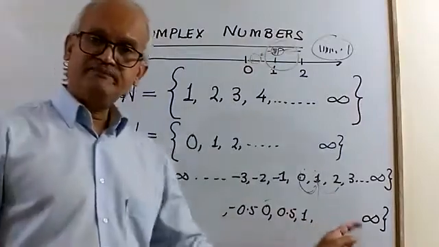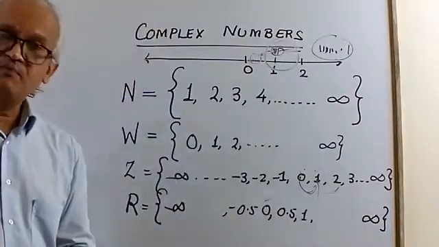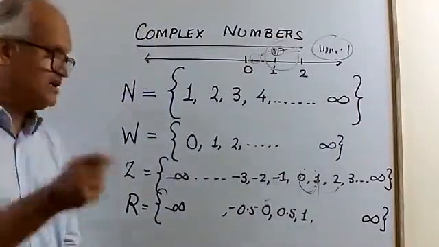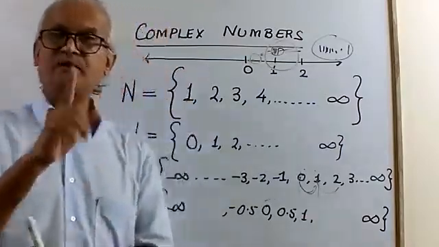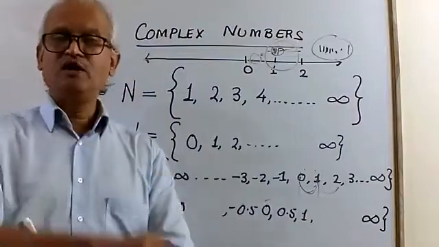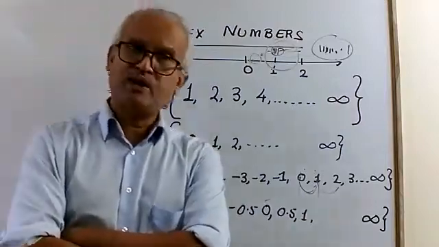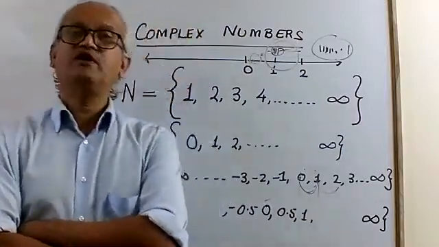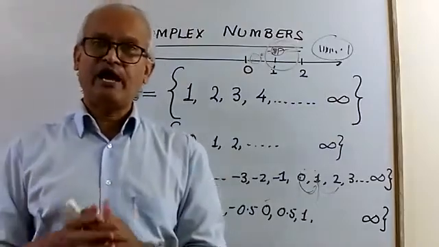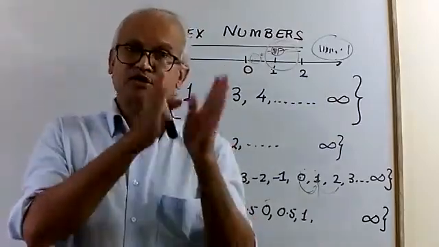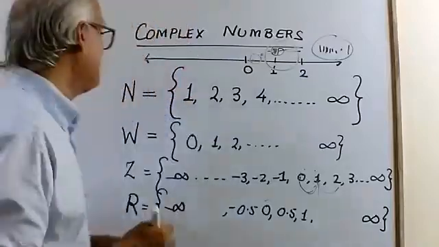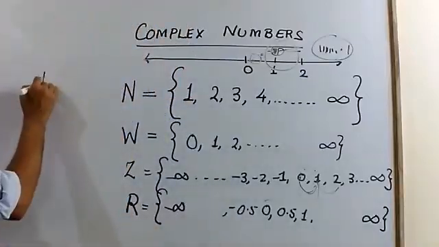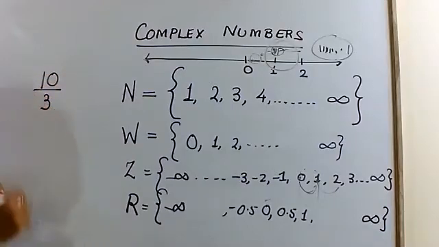We also studied that these real numbers, some of them may be a little difficult to give a pinpoint value to. So if you remember, in your earlier classes in secondary school up to 10th standard, you were introduced to something called non-terminating, repeating numbers. So for example, take the number 10 divided by 3.